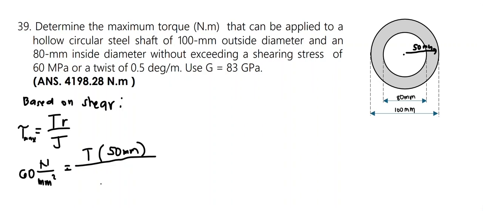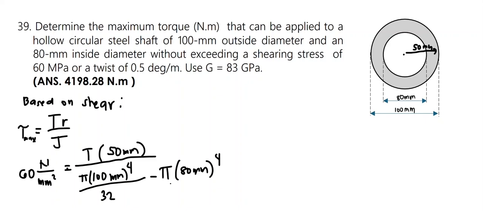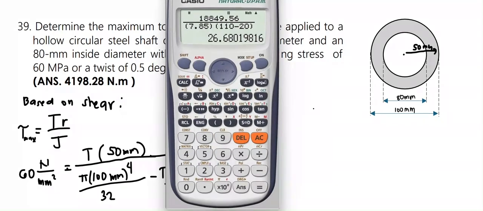And since this is a hollow shape, we subtract the polar moment of inertia of the outer circle, that is pi times 100 raised to the 4th power divided by 32, minus the polar moment of inertia for the inner circle, that is pi times 80 millimeters raised to the 4th power over 32. And we can solve for torque.